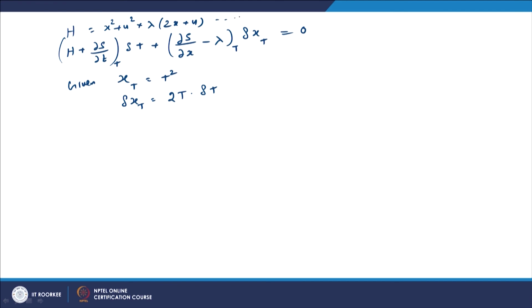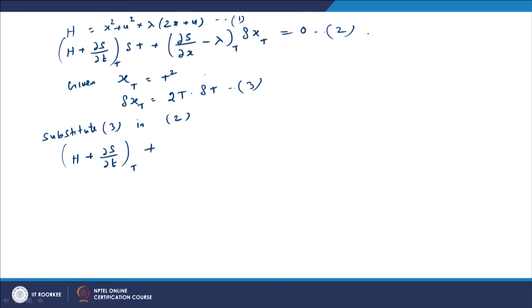If you call this equation 1, this equation 2 and this 3, then substituting 3 in 2, we get h plus del s by del t evaluated at capital T, plus del s by del x minus lambda evaluated at capital T. Here del x t is 2t, so we have to multiply by 2t here. So, the whole thing multiplied by del t can be taken out.